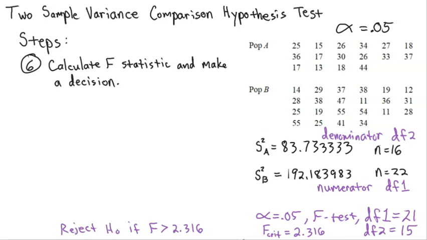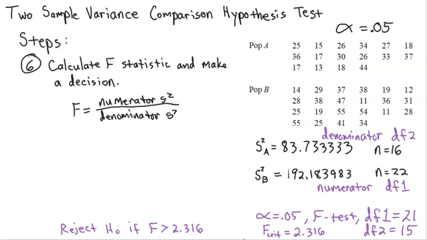All right, the formula for calculating the F statistic is very easy. It's F is equal to the numerator S squared, which for us is, look, numerator down here. The S squared for the numerator is 192.183983 divided by the denominator S squared.